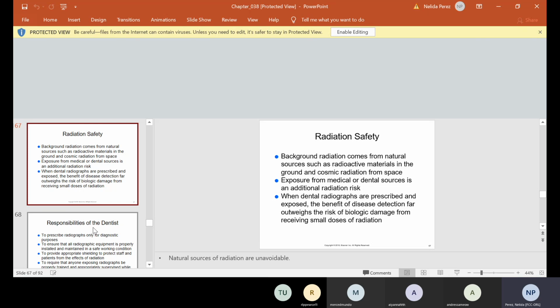I want to say, please remember that the only one that prescribes x-rays is the dentist. What do I mean by that? If you go into a practice and the dentist tells you that for every new patient he wants an FMX, he is prescribing that for every new patient you are to take an FMX.